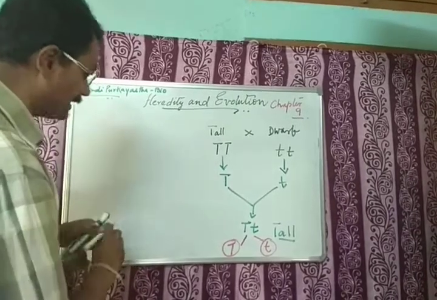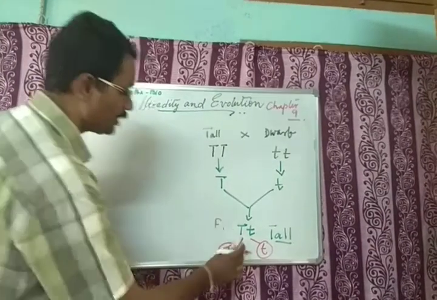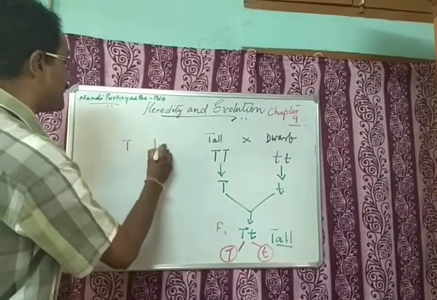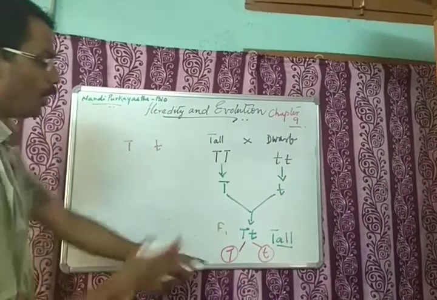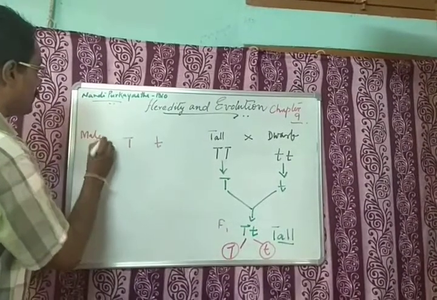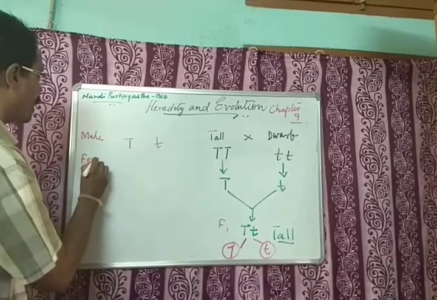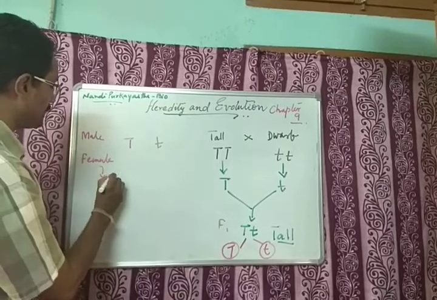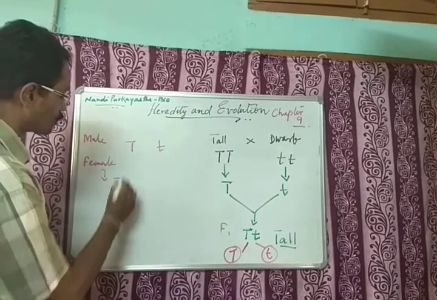So let me put it here in this case. This is F1 generation. So for the F1 generation gametes, I will be putting here capital T, small t. I don't know whether it will be male or female, so I will be taking it as male and female both. So what will we be writing here? This is capital T, small t.